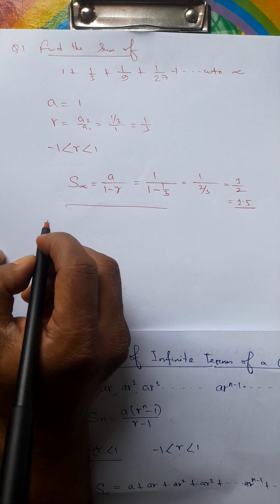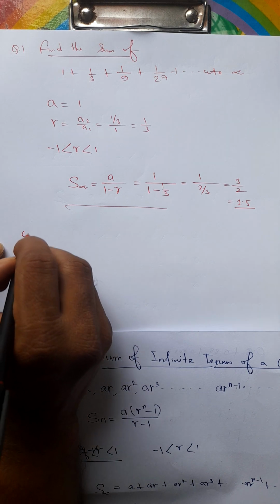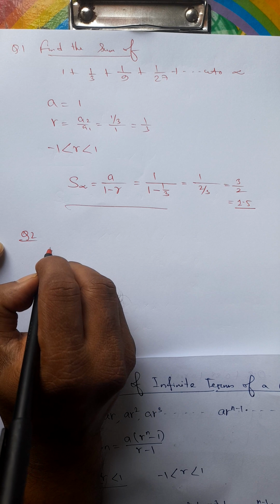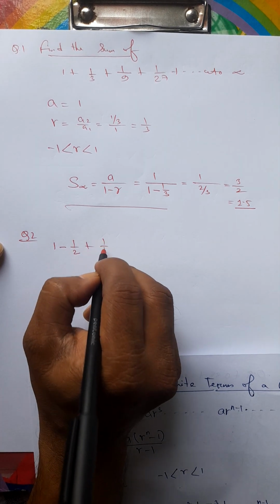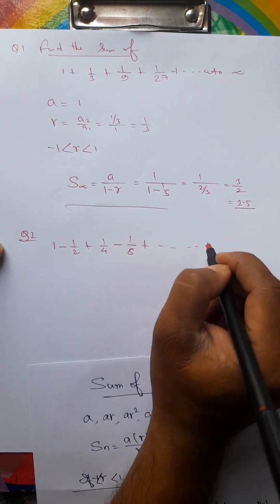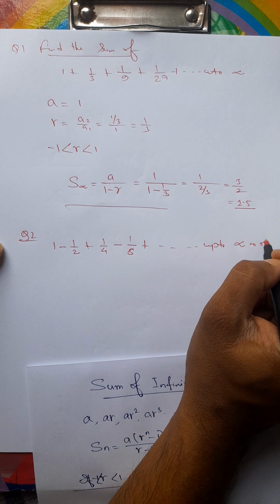Let's do one more example here. Say for example, question number 2: 1 minus half plus 1 by 4 minus 1 by 8 plus up to infinite number of terms.